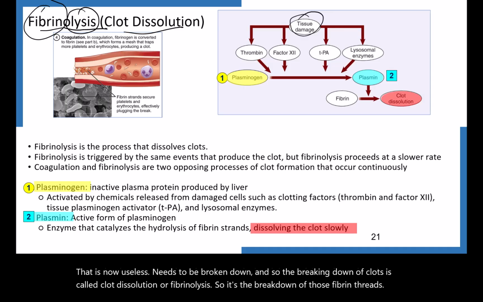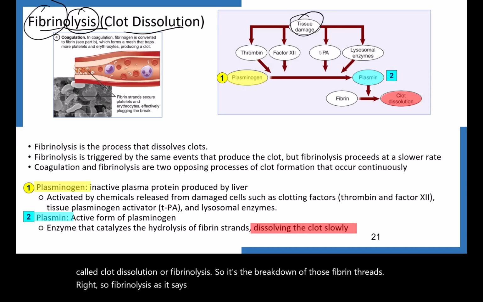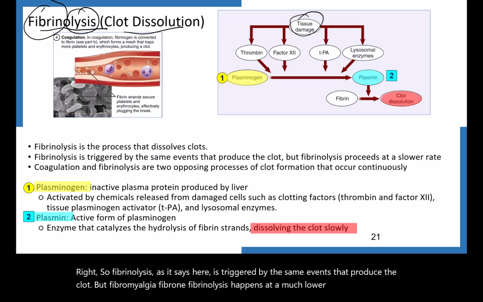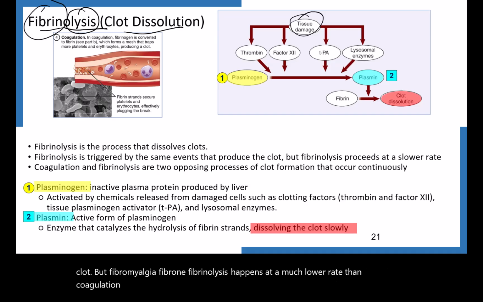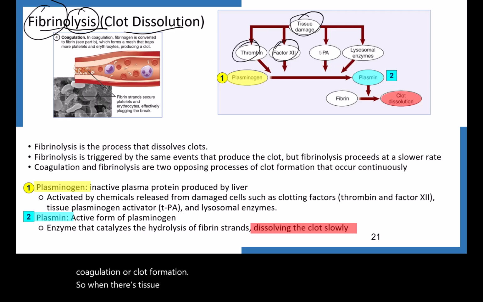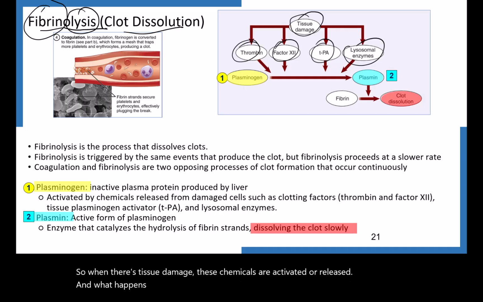Fibrinolysis is triggered by the same events that produce the clot, but it happens at a much slower rate than coagulation, or clot formation. When there's tissue damage, these chemicals are released, and they can activate plasminogen.